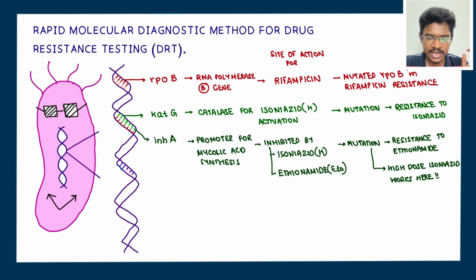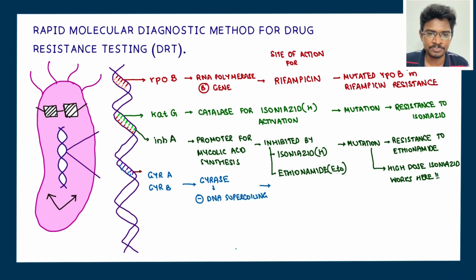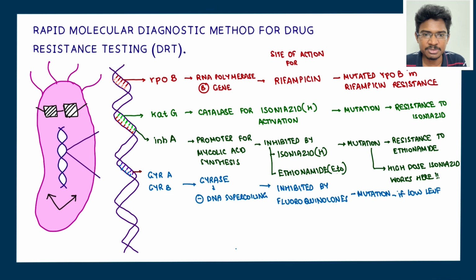Next is your gyrase A, gyrase B. You would have known, gyrases are the topoisomerase enzymes which relieve DNA supercoiling. This is involved in a step in DNA replication in the bacterium. What is a famous drug which inhibits this? Fluoroquinolones. So this is the action site for your fluoroquinolones.